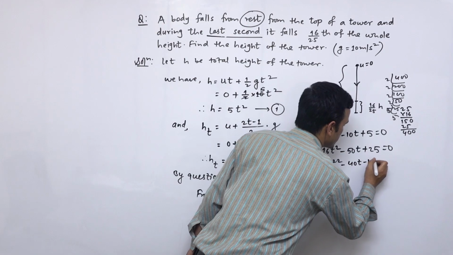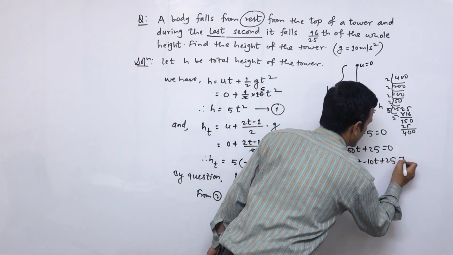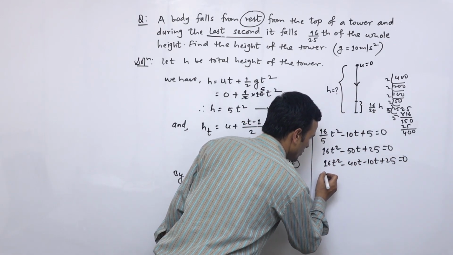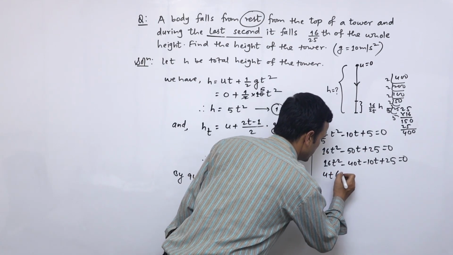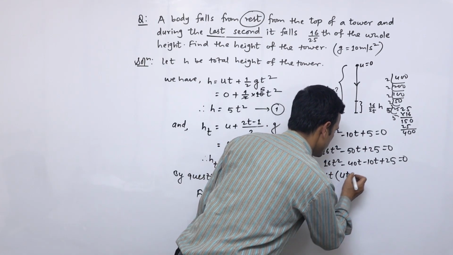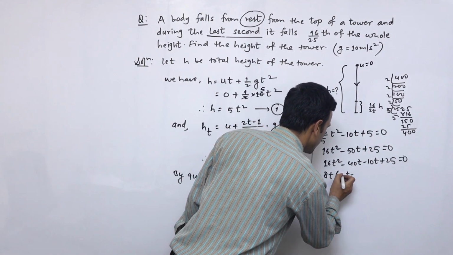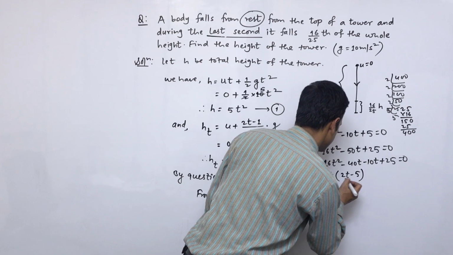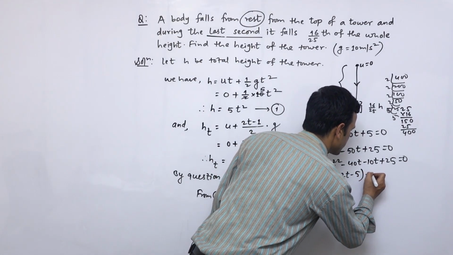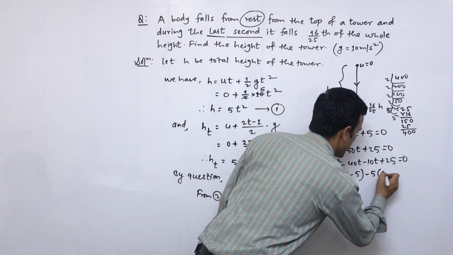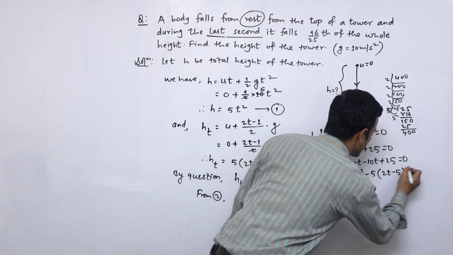40t minus 10t plus 25 is equal to 0. So if you take 40 common, then it will be 40 minus 4 10s. It is 8 common. So 8 common, 8 2s are 8 5s are minus 5 common, 5 2s are 5 5s is equal to 0.